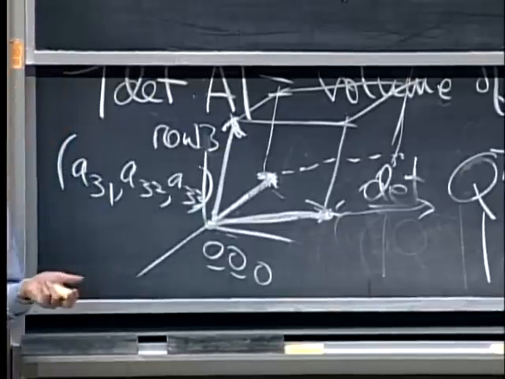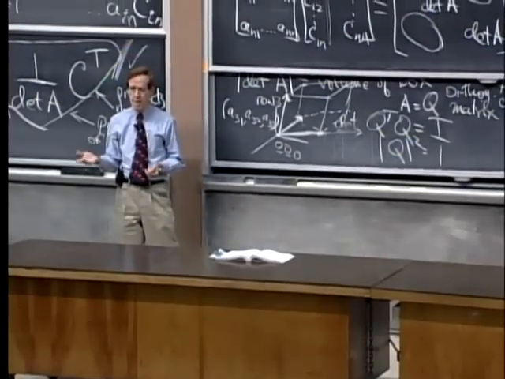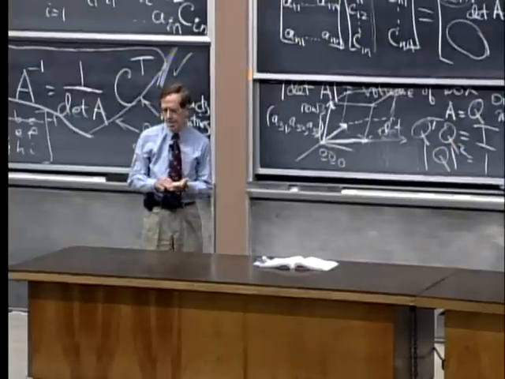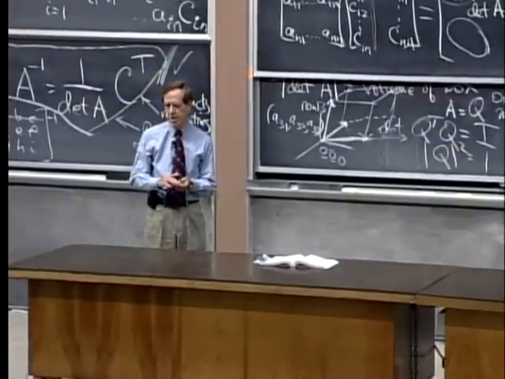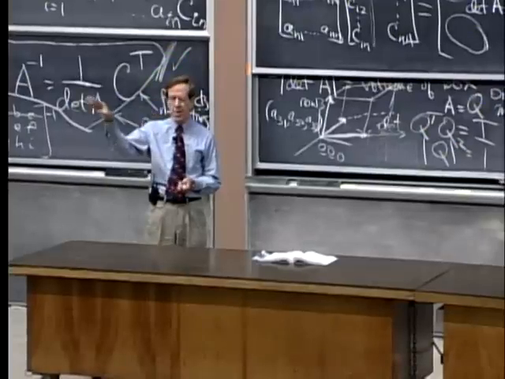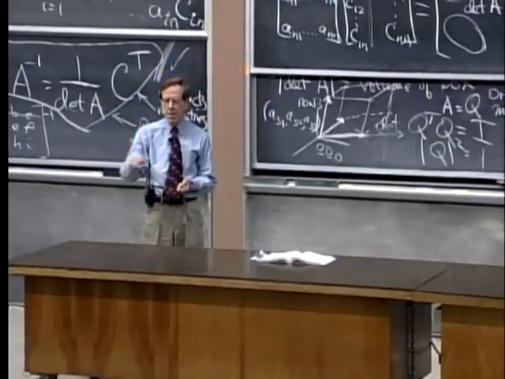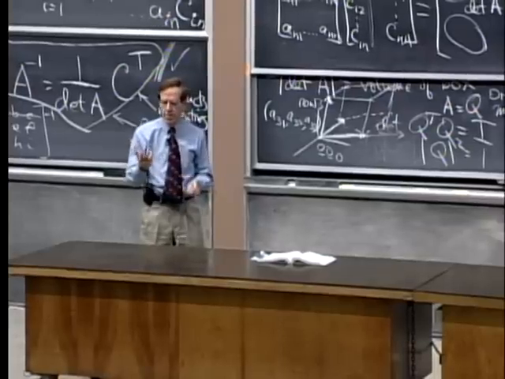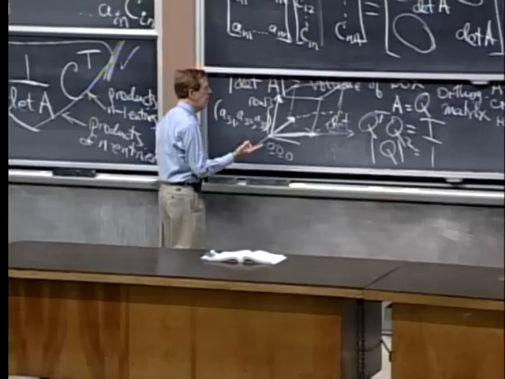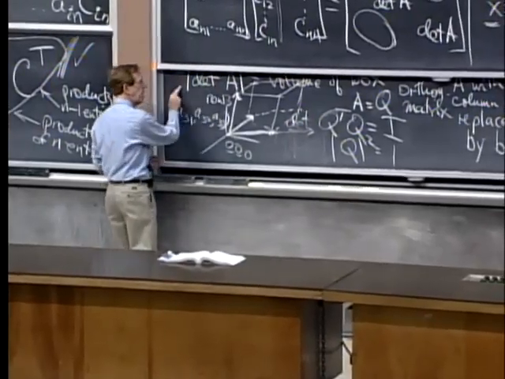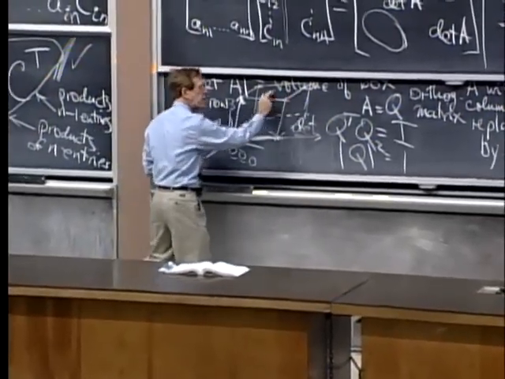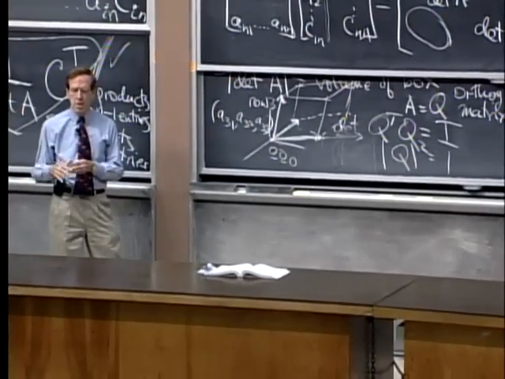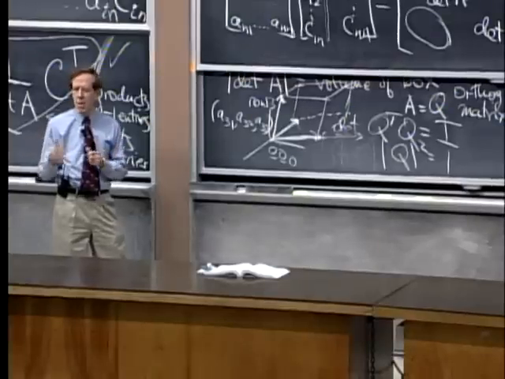It also doubles, right? And that was rule number 3a. Remember, rule 3a was that if I had a factor t in row 1, I could factor it out. So if I have a factor 2 in that row 1, I can factor it out of the determinant. It agrees with the volume of the box having that factor 2. So volume satisfies property 3a.